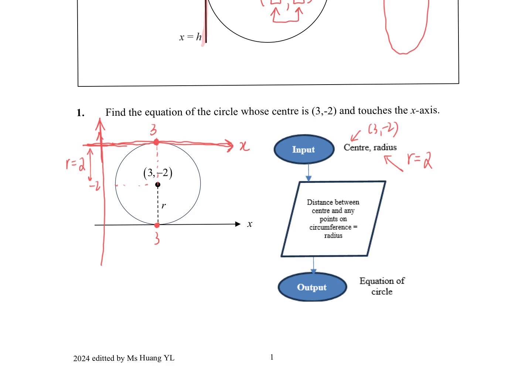You already have the center and the radius r, so x minus 3 squared plus y plus 2 squared equals 4. Because we must always have r squared, right, equals r squared.